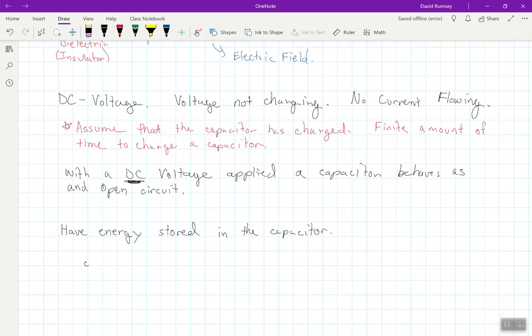It's an omega, not a W. It's the Greek letter omega, lowercase. Omega sub C, just for capacitor, is equal to 1/2 the capacitance times the voltage squared. And the units of this are joules.